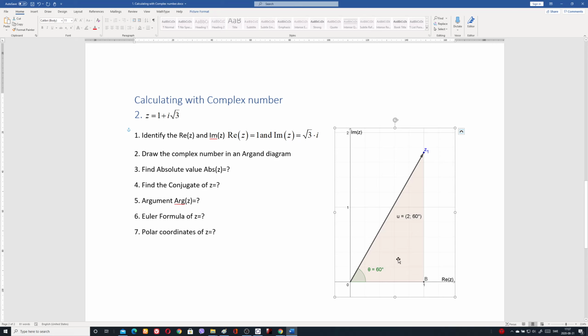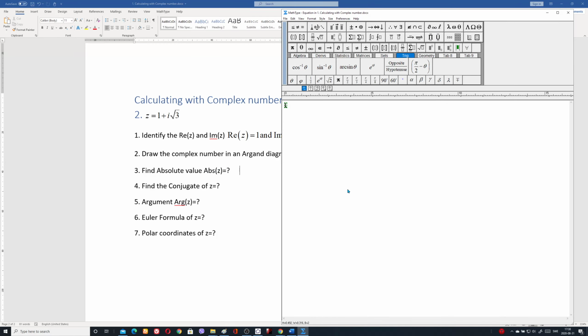So now let me see if we can calculate it with the help of this picture. How big is the absolute value of this one here? Okay.